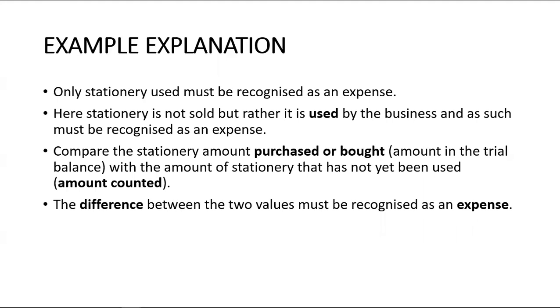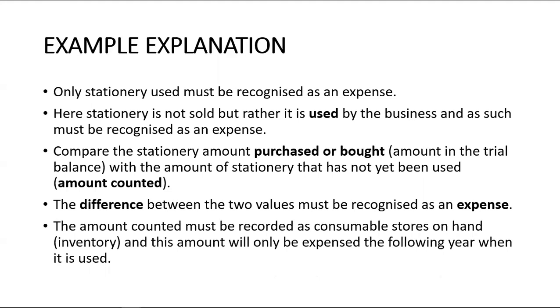Remember, used: expense. Unused: consumable stores on hand. See, I'm emphasizing it now. Don't mess up later on. The amount counted must be recognized as consumable stores under the inventory note.